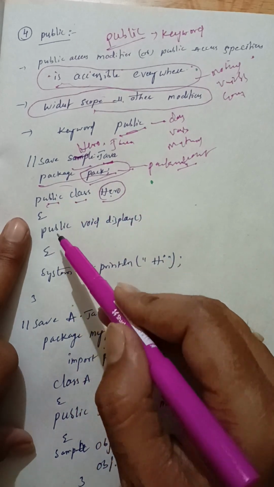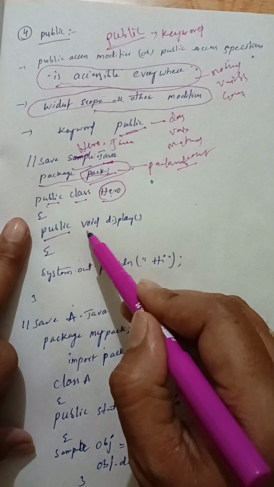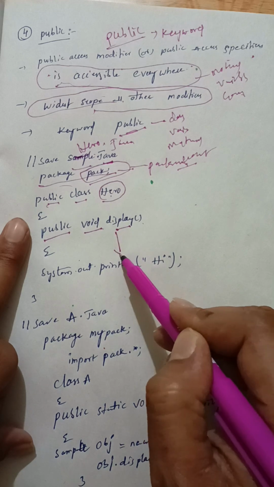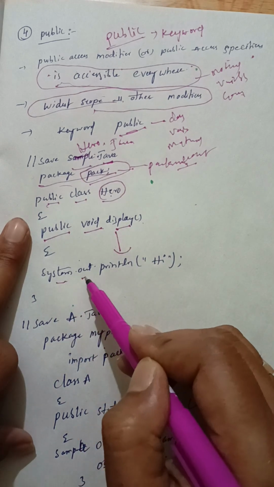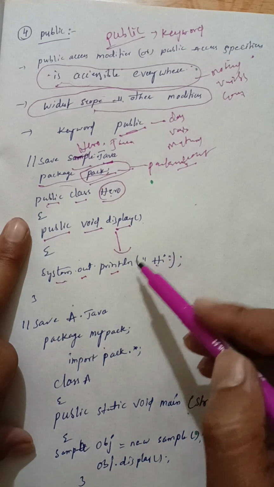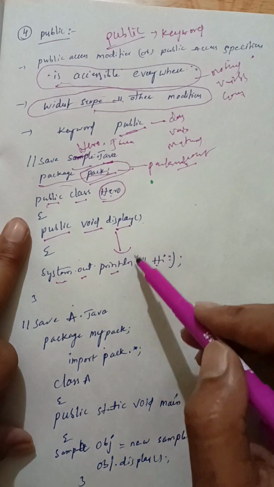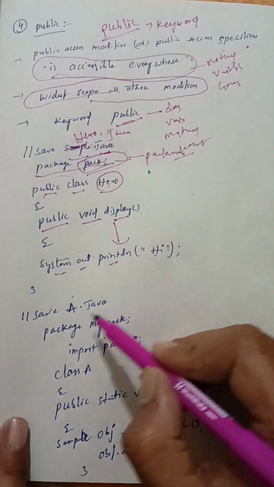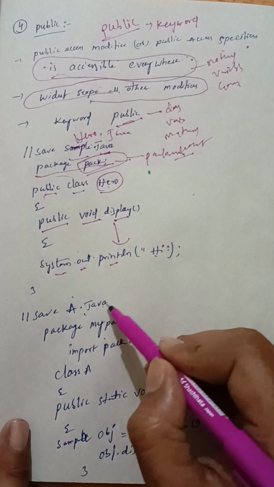In hero we use a public void display method. In the display method, there is one statement, System.out.println I. Okay, one message, one statement used in this method. Another package I want to take, save the program as s.java.